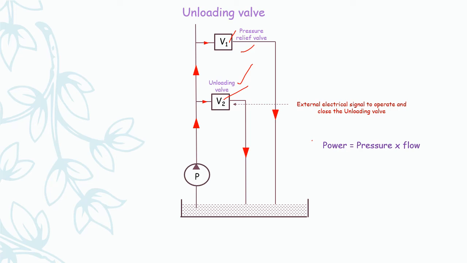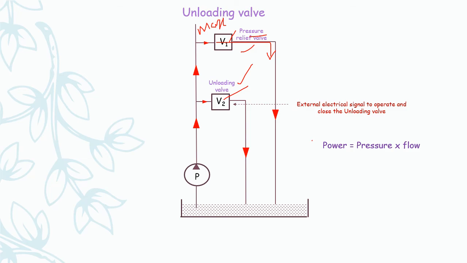Valve V1, the normal pressure relief valve, operates only when fluid pressure exceeds the system pressure. If it exceeds, valve V1 will open and the fluid will flow through valve V1 and back to the tank.